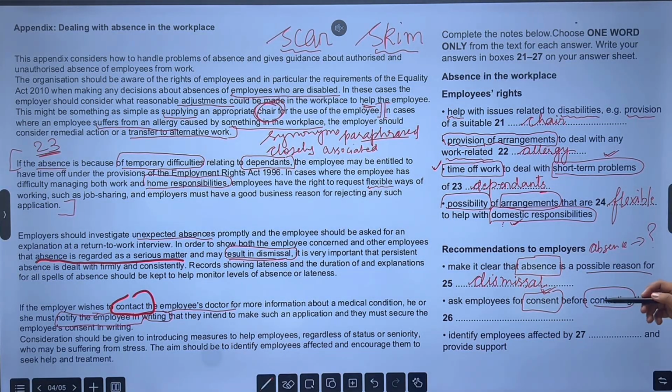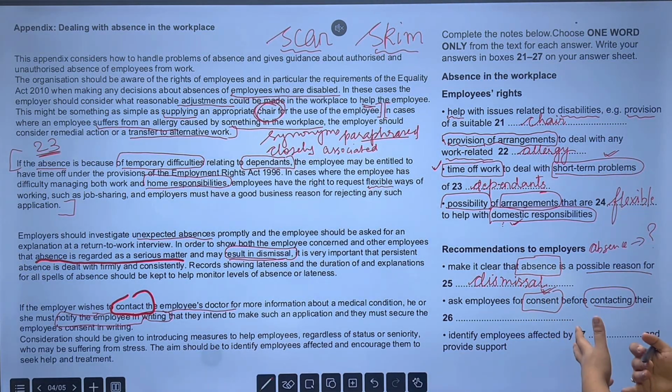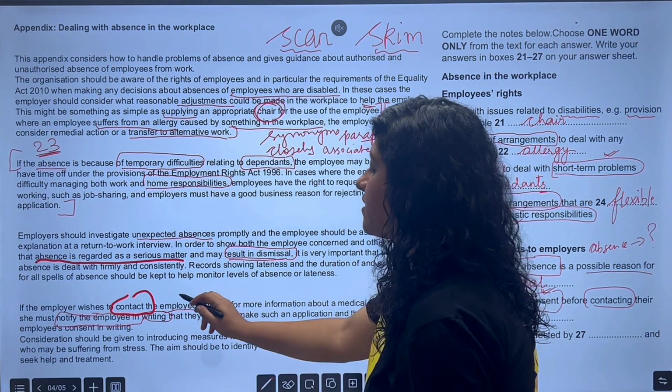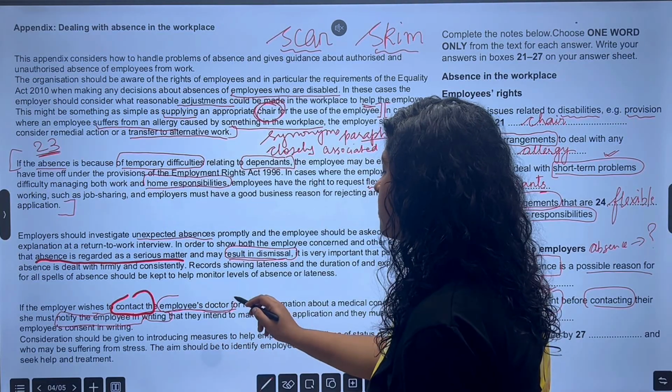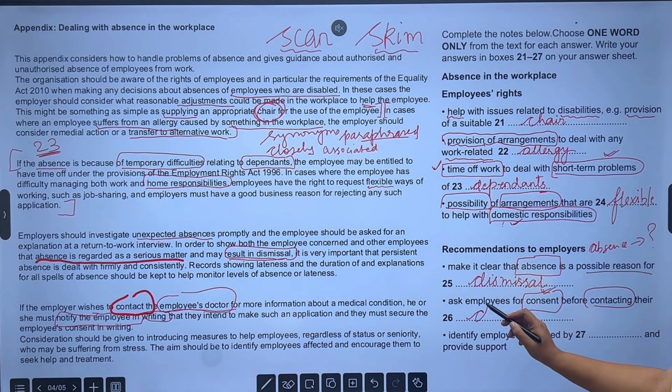So who has to be contacted? Before contacting someone, the consent has to be taken. And who is that someone according to the text? That is the employee's doctor. So here my answer would be, ask employees for consent before contacting their doctor. That would be my answer.